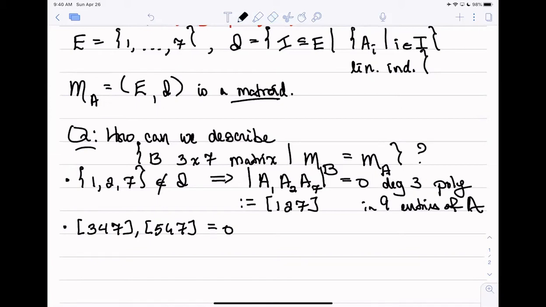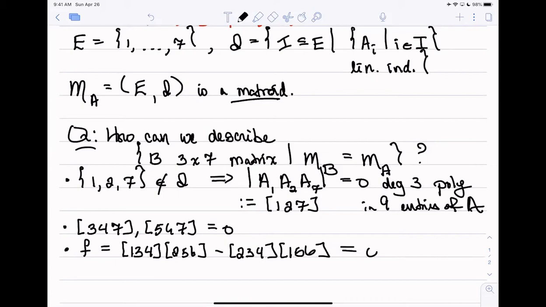But there are some other polynomials that also have to vanish. And there's a polynomial that I'm going to give a name because we're going to see it more than once. And it's this polynomial: the bracket 1, 3, 4 times the bracket 2, 5, 6, minus the bracket 2, 3, 4 times the bracket 1, 5, 6.